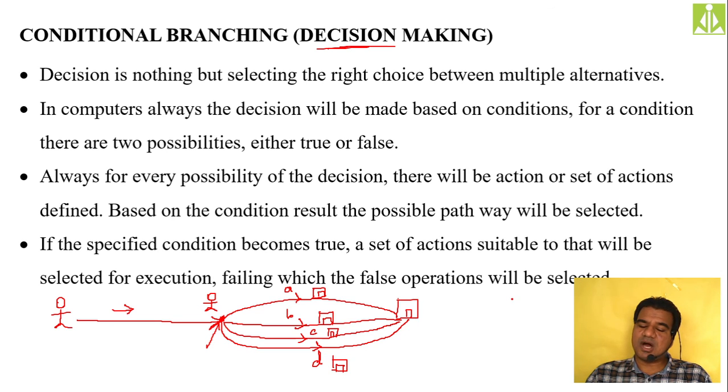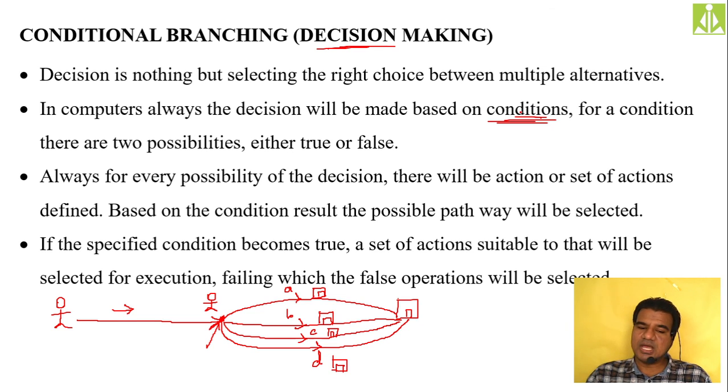In computers, the decision is always made based on conditions. Those conditions are nothing but our requirement, what exactly we want to do. Based on that requirement the condition will be framed, and if the condition is satisfied, we select one path, and if not satisfied, we select some other path.